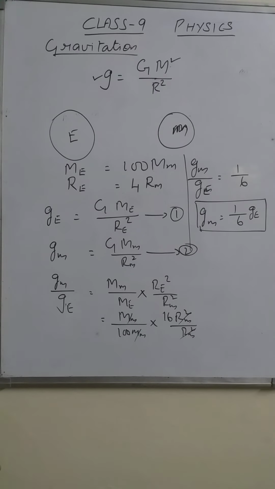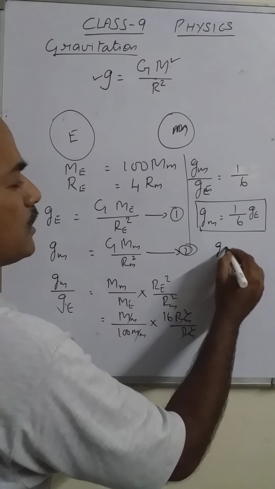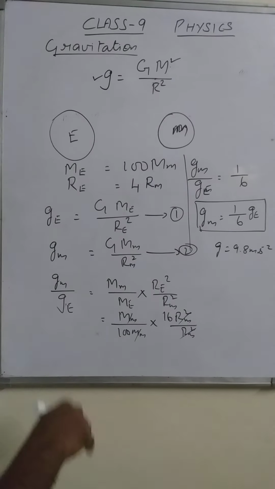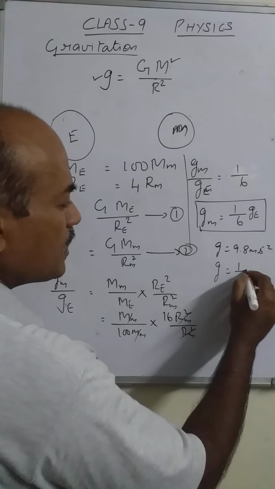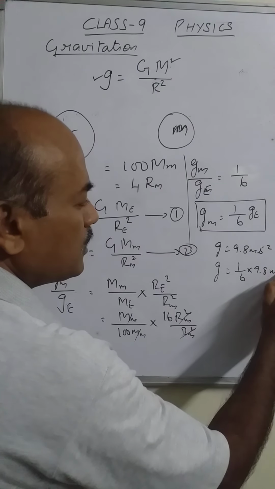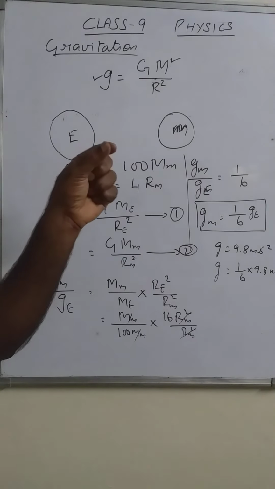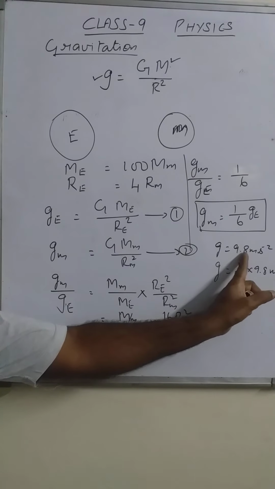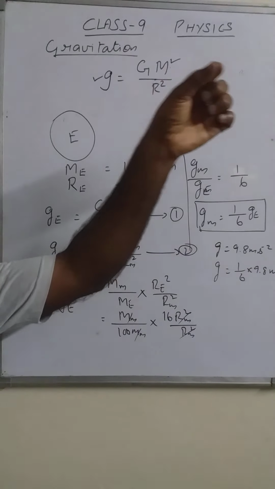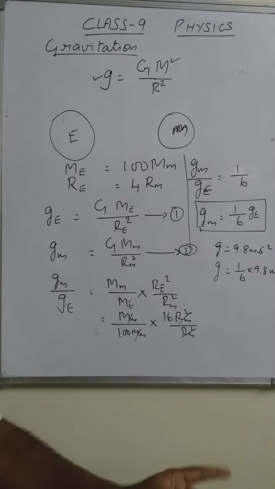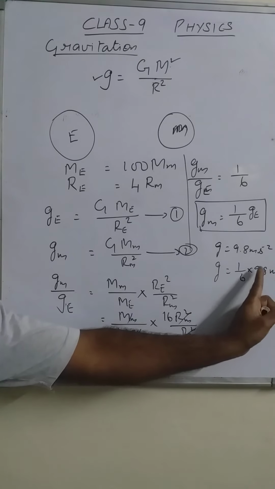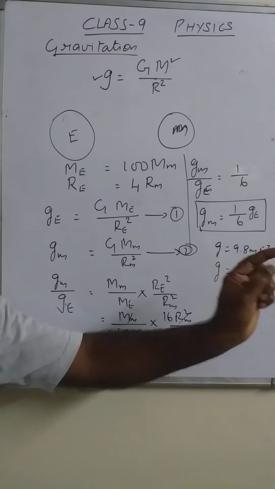On the earth surface, the average value is 9.8 meter per second square. On the moon, it is 1/6 of 9.8. That means if an object is falling from a certain height over the earth surface, its acceleration is 9.8 meter per second square. If the same object is dropped over the moon surface, it will be 1/6, approximately 1.6 meter per second square.